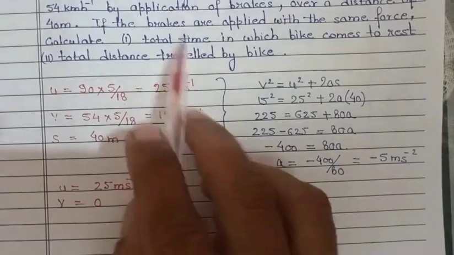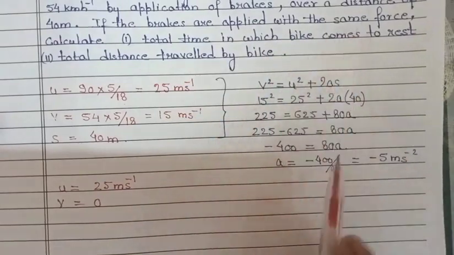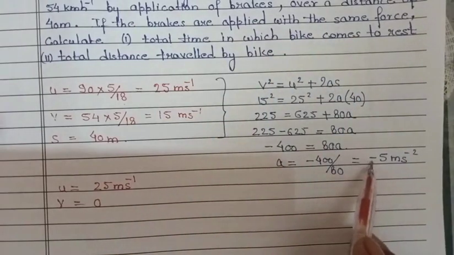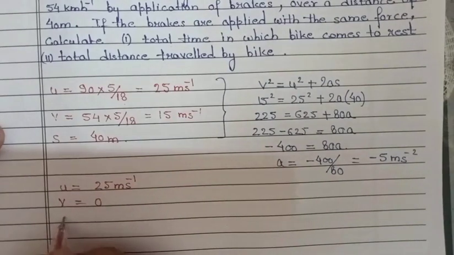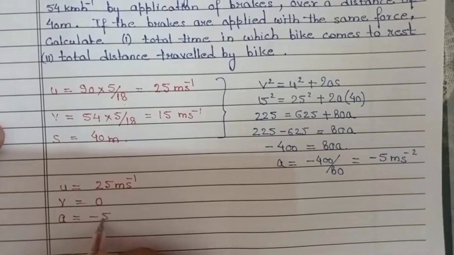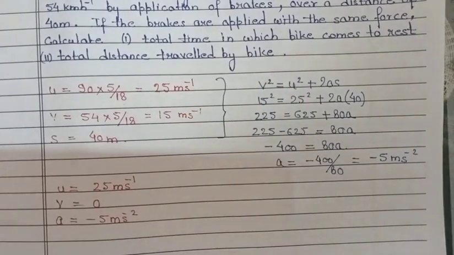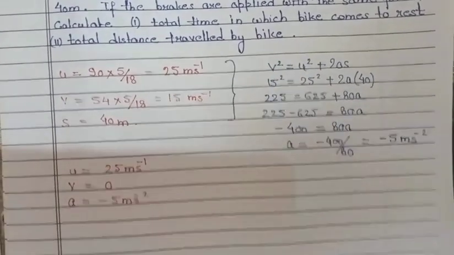And as the question says that brakes are applied with the same force, retardation remains the same throughout the motion. So a is equal to minus 5. First of all we need to calculate the time in which it will come to rest. Okay, now let's use this information.